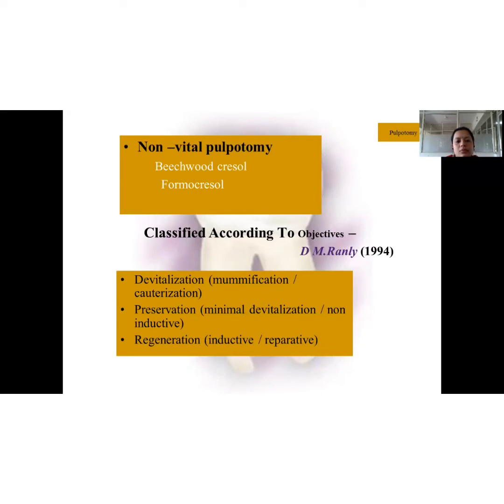Now, non-vital pulpotomy. When we place formocresol or beechwood creosote over the tooth, the tooth becomes non-vital, but the pulpal tissue has been preserved. Classified according to two objectives by Rendy, 1994: revitalization, preservation, and regeneration.